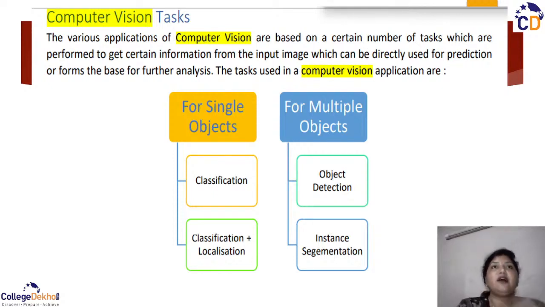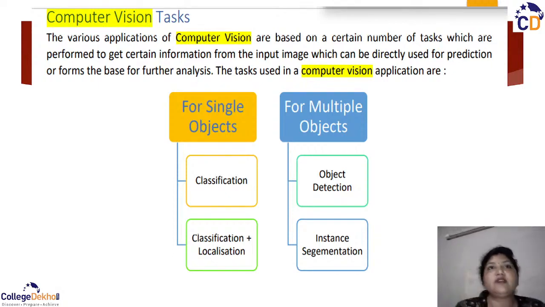If we have a picture and we need to analyze only the single object, we could be using classification techniques, because we have only a single object in our picture. Now if we want to identify the location also, it classifies and also finds the location, like your object is in this particular area, right? So it is classification plus localization.